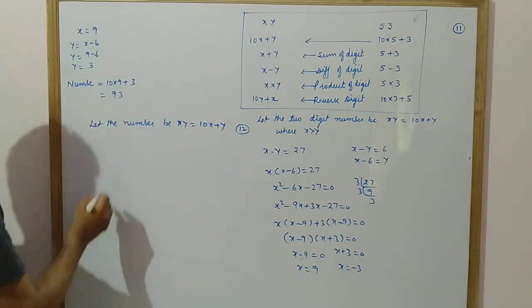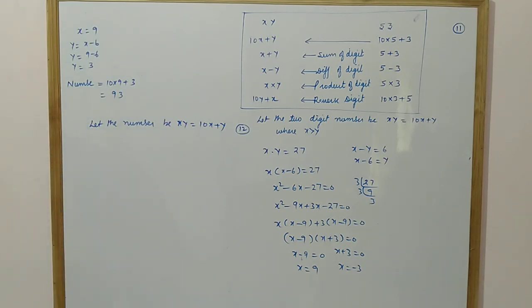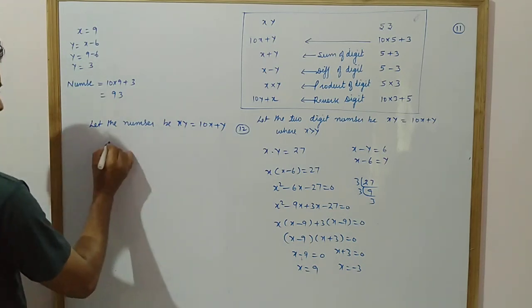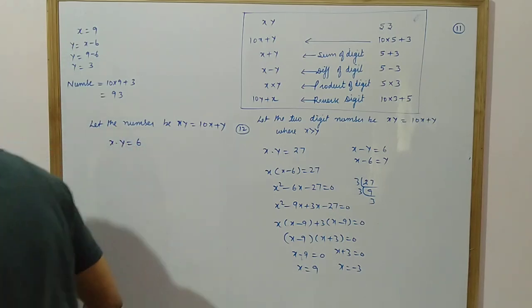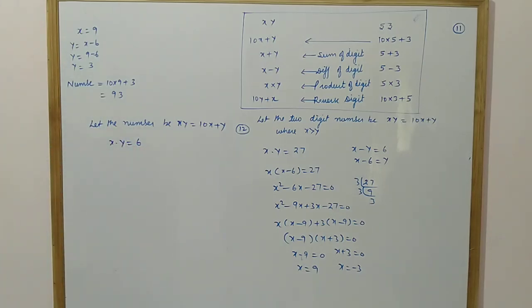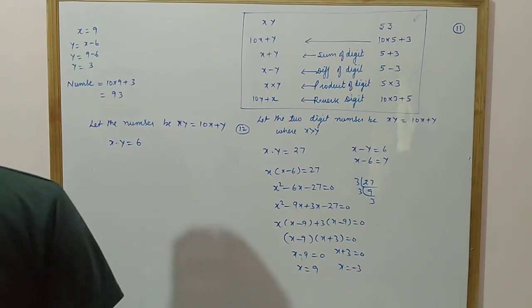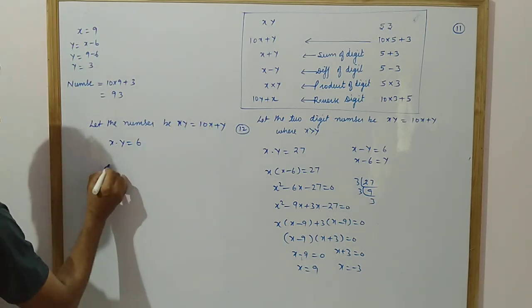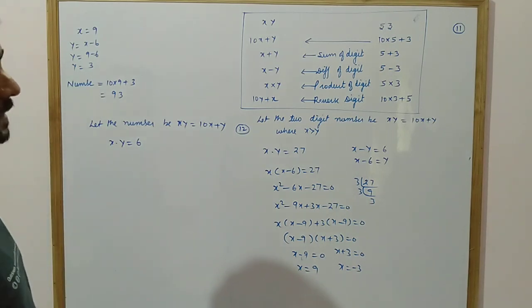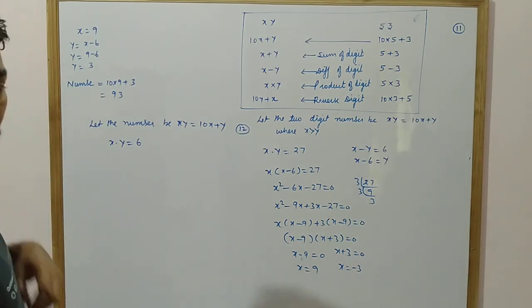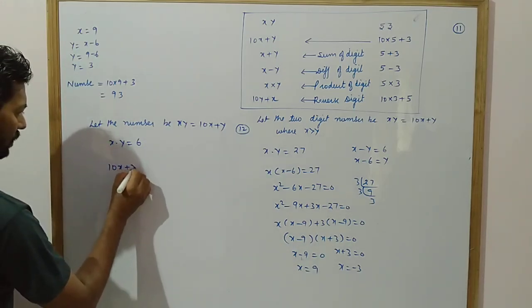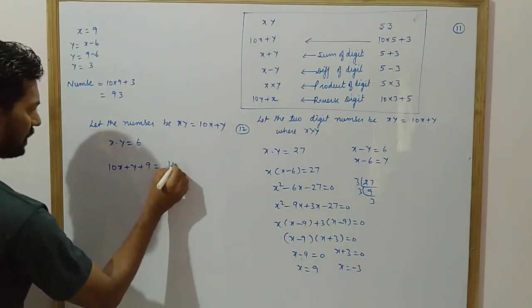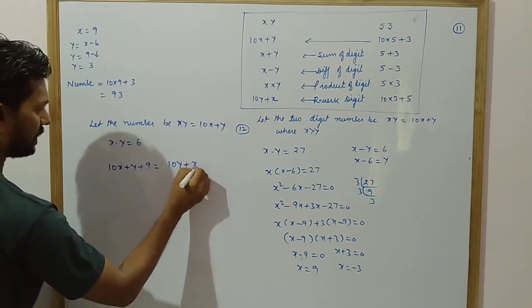Product of the digit is 6, x into y, that is 6. And if 9 is added to the number, the digit interchange their places. That means xy will become yx. So 10x plus y plus 9 will become 10y plus x.